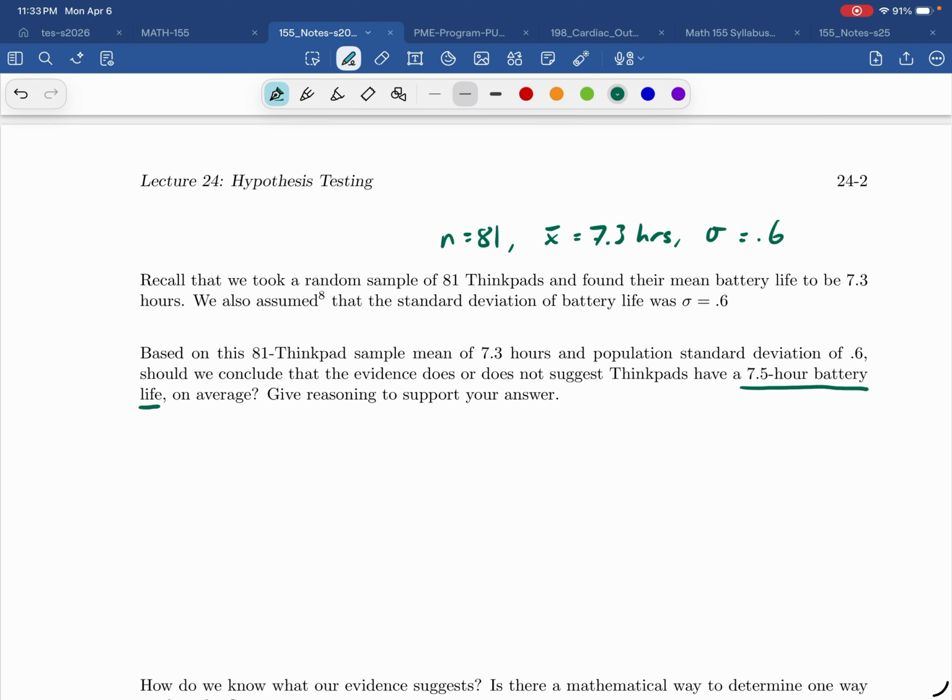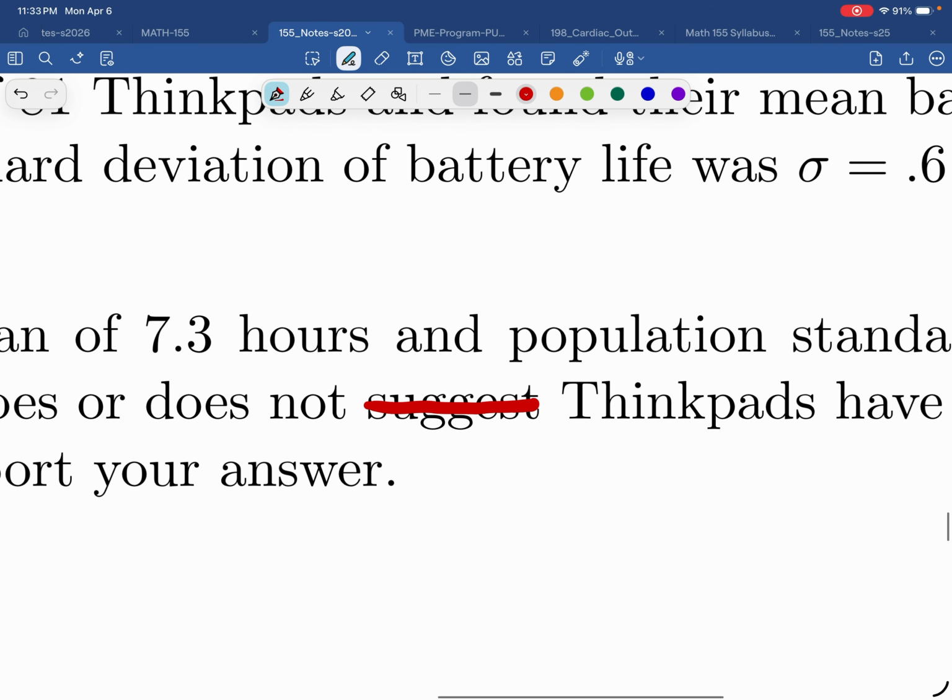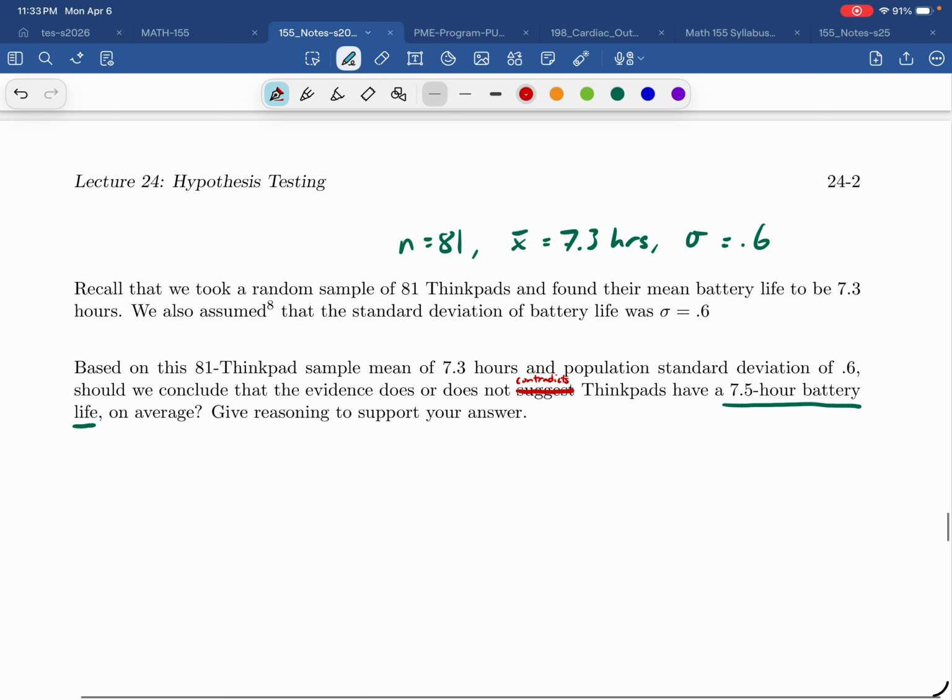So what do you think, just looking at this data? Do you think that the data contradicts what Lenovo says? Do you think the data contradicts their claim of 7.5 hours of battery life or not?